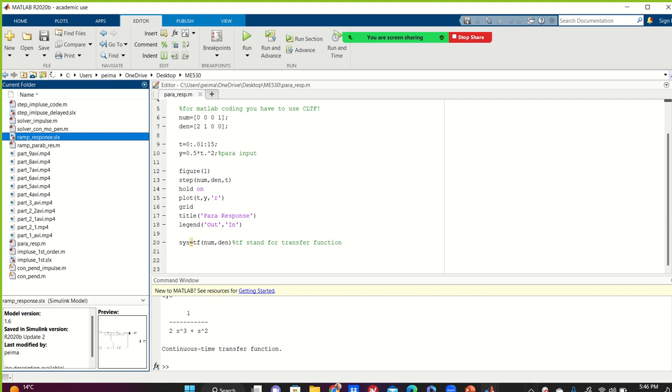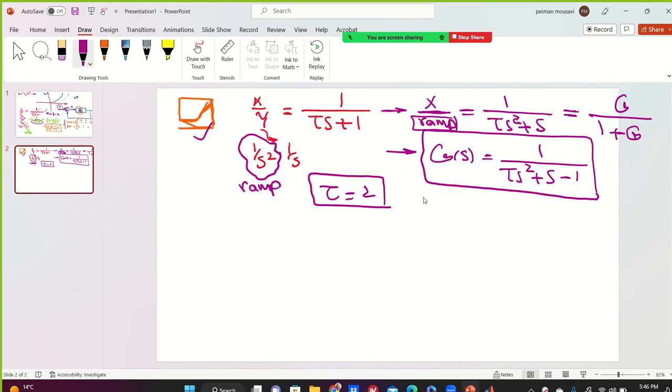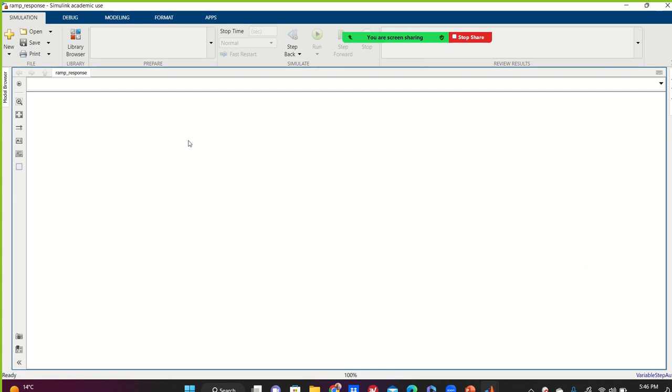So as it comes up, don't forget that when we go to Simulink, we're going to use the open loop transfer function. But here, based on the ramp input, despite the previous cases where I was applying the step input, I'm using ramp input.